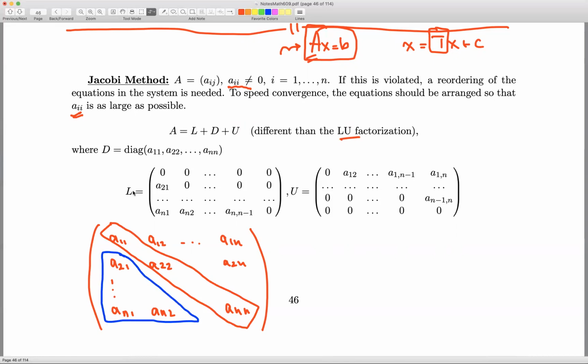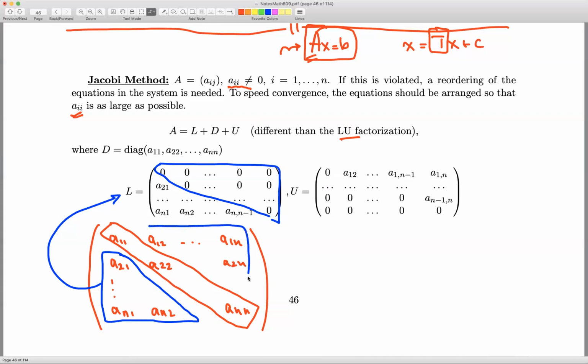So this is the matrix L, and the rest of the matrix we fill in with zero. So here the main diagonal of L and everything above the main diagonal of L is zeros. So we take the elements that are below the main diagonal to construct the matrix L, and the matrix U are all the elements that are strictly above the main diagonal.